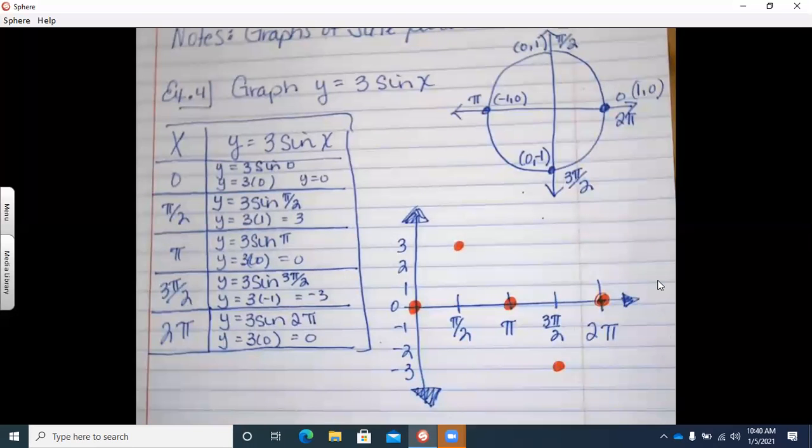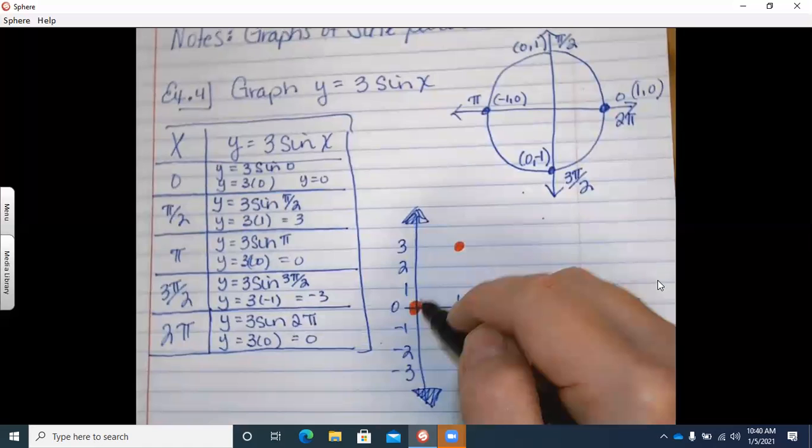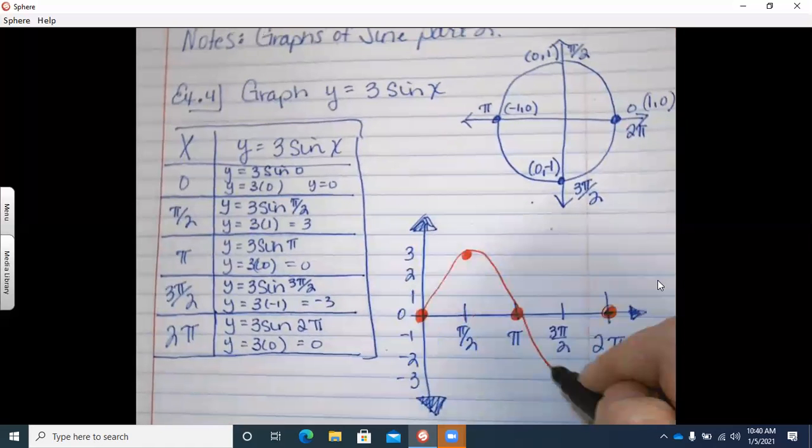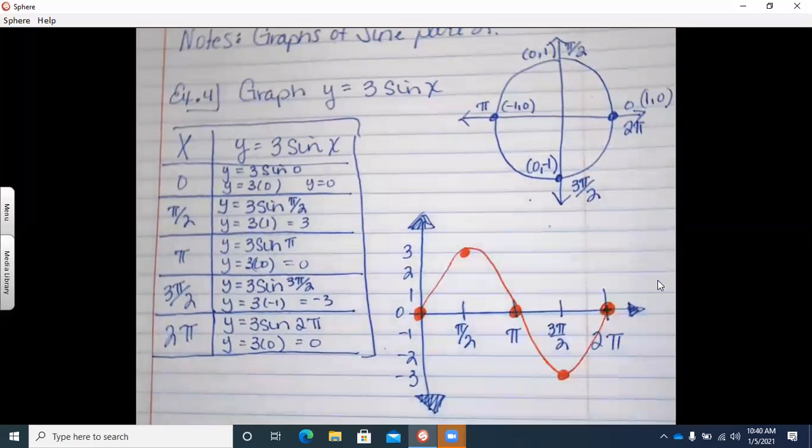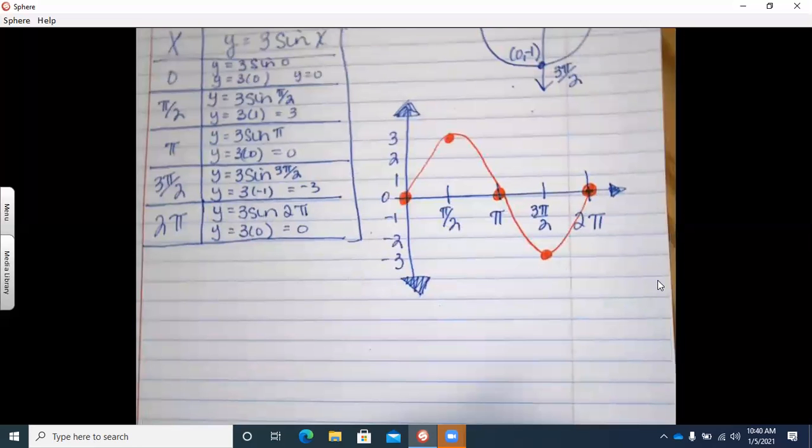So we're going to draw a smooth curve. So what is the period here?